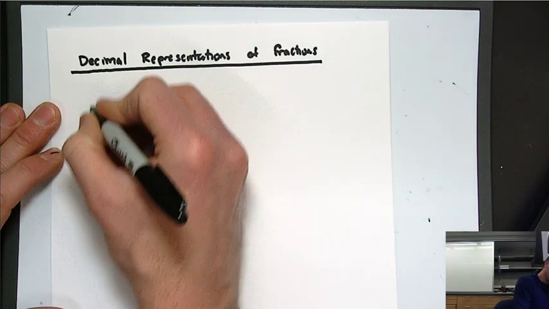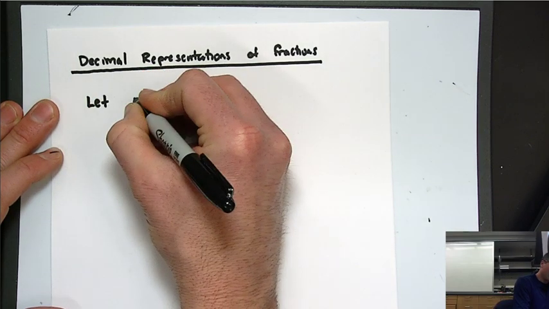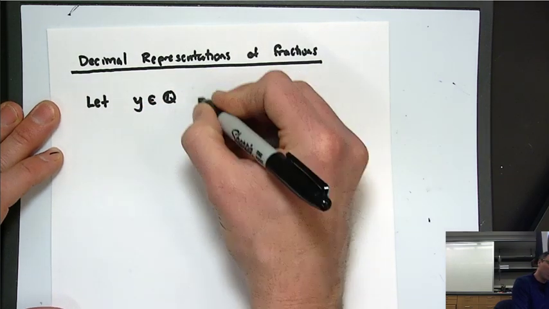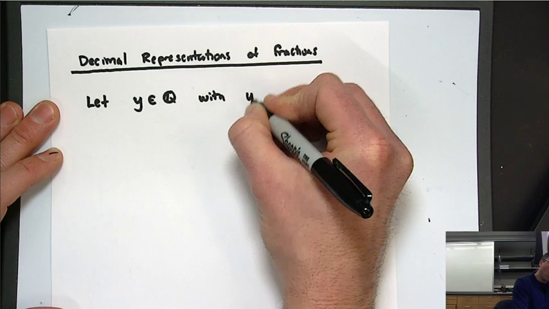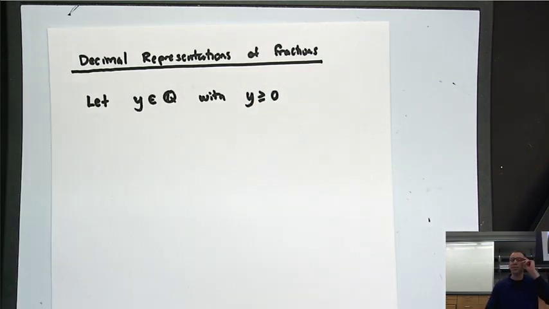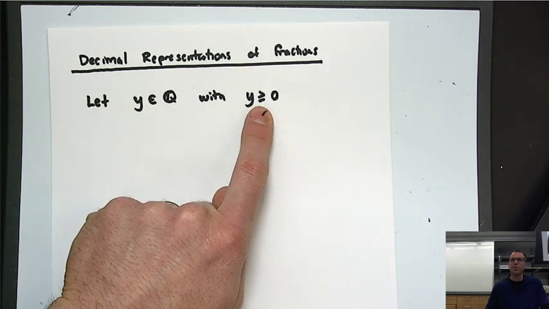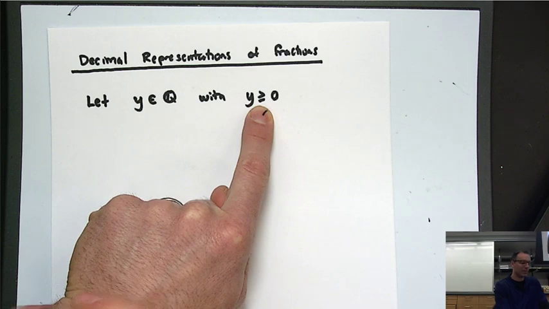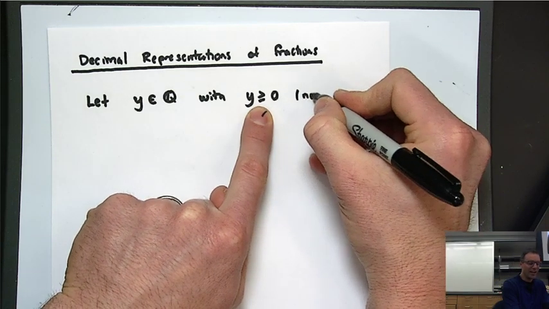Okay, so let some number y be a rational number with y greater than or equal to 0. So what's my assumption here? The moment I put that representation on, what does it mean? Non-negative.